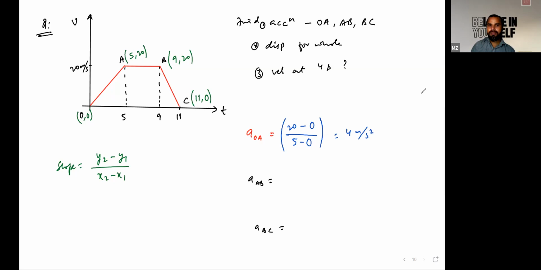Salman, send your answer. Khalid, just use the trapezium formula. Good, Hiba.